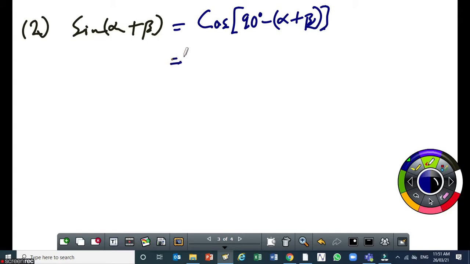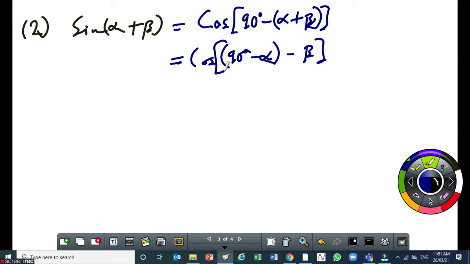So I'll write cos 90 degrees minus alpha, then I put these two in brackets. Now I've got this plus here. So to create that plus, I've got this minus. Now this minus and this positive beta will create a minus beta. So I put minus beta there, then I close the bracket.